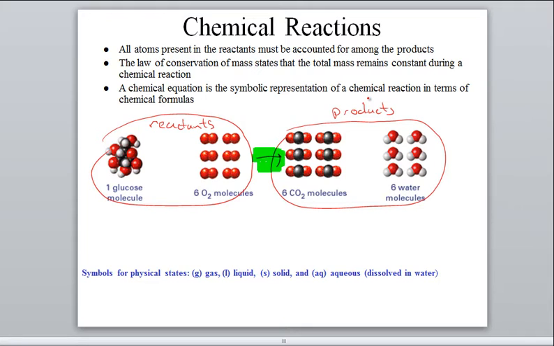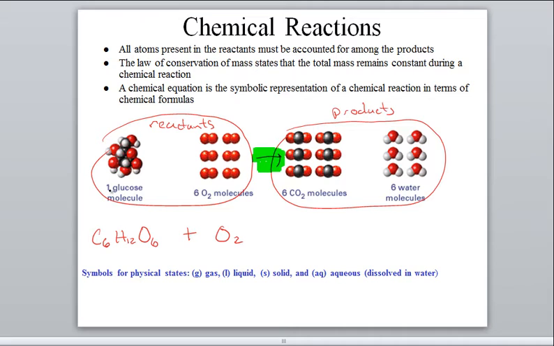If we were going to write this, given the above information, we would write the formulas of the chemicals. The formula for glucose, you don't have to have this memorized, but it's C6H12O6, and the formula for oxygen is O2. We put a plus between all the chemicals that are reacting, and we also put numbers before the formula to say what's the ratio.